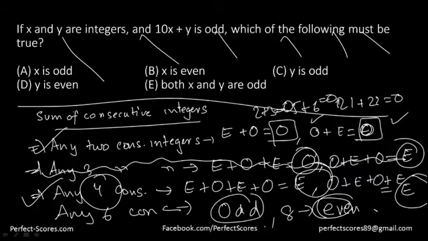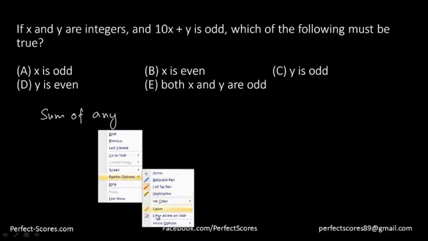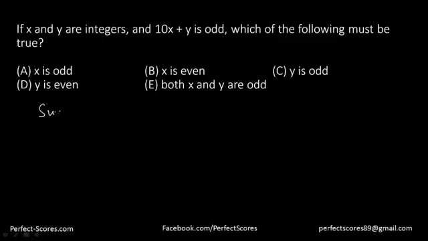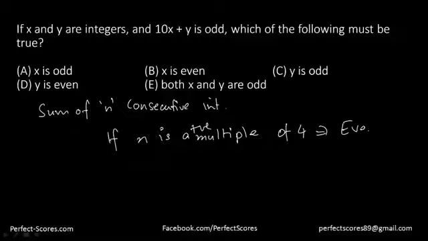So if I just generalize this, the sum of n consecutive integers: if n is a positive multiple of 4, then the sum is going to be even.